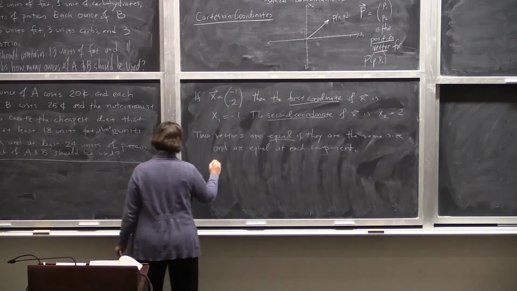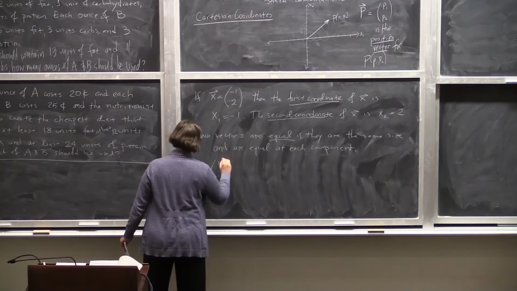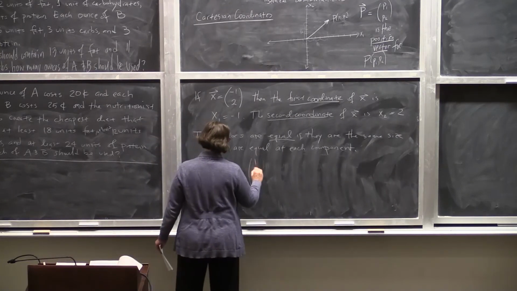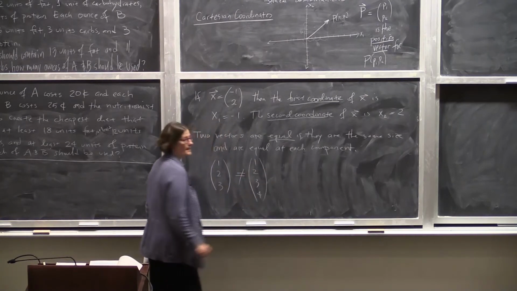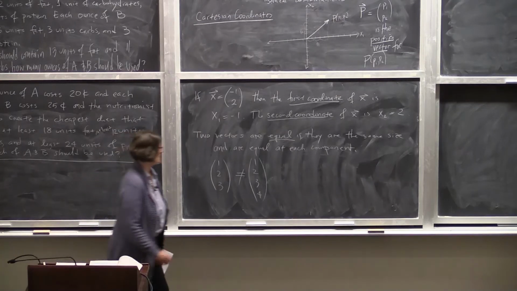So for example, this vector 1, 2, 3, and this vector 1, 2, 3, 4 are not equal because they're different sizes.